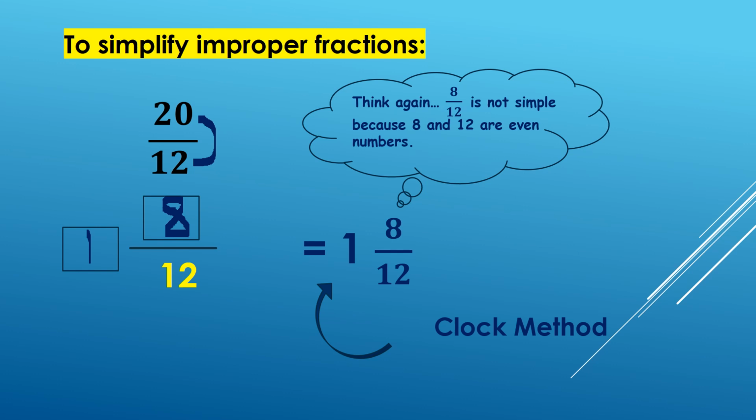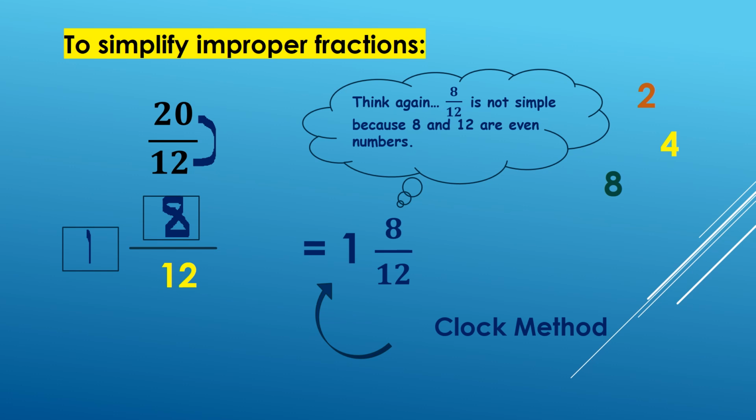Now, some students will say, Miss, I can divide by 2. Excellent, yes, I can divide the numerator and the denominator by 2. But another group of students will say, Miss, I can divide 8 and 12 by 4. Which number is it, 2 or 4? Now, one student would say, Miss, why can't I divide by 8? Let's see which answer is correct. Is it the 2 or the 4 or the 8? 2 and 4 are correct.